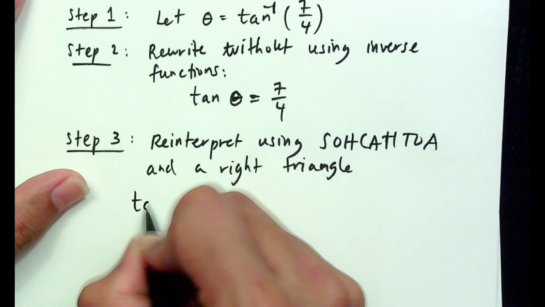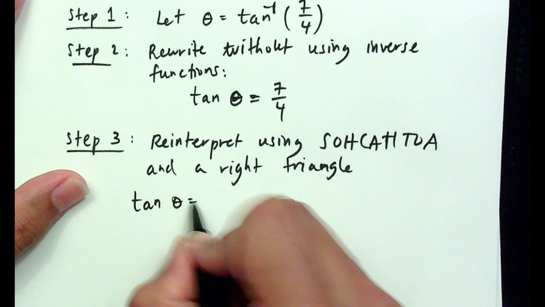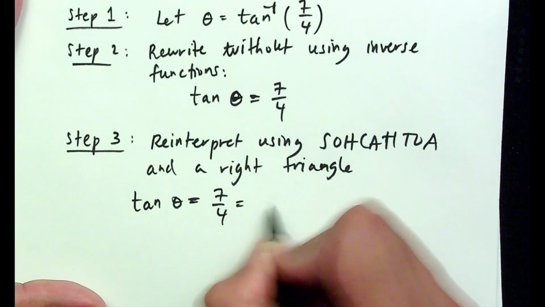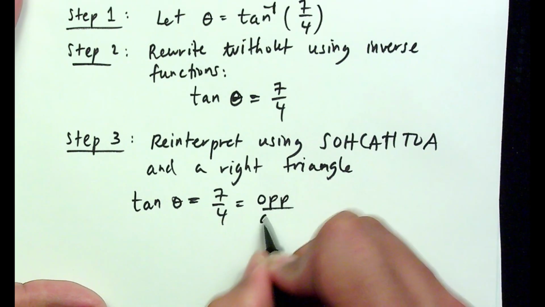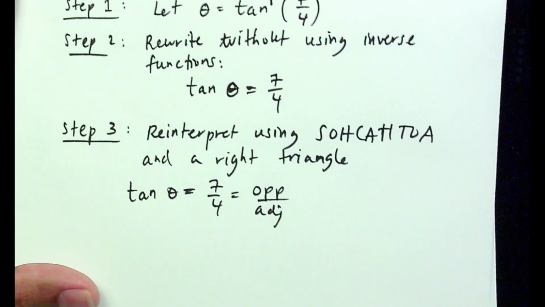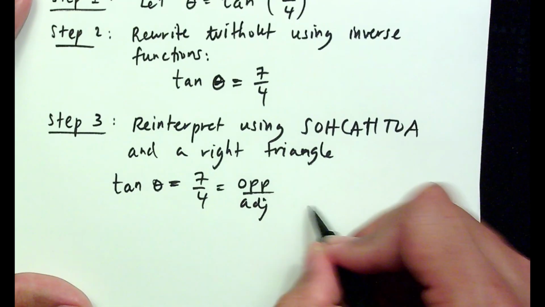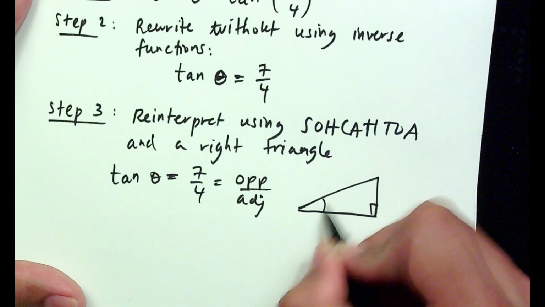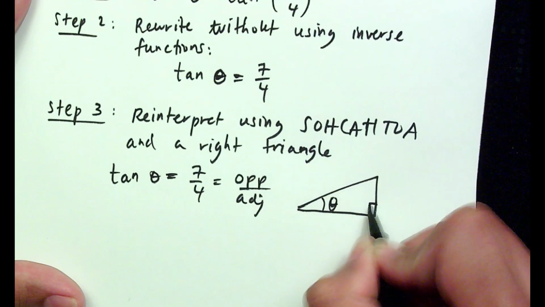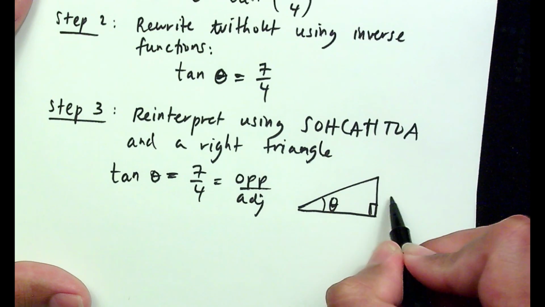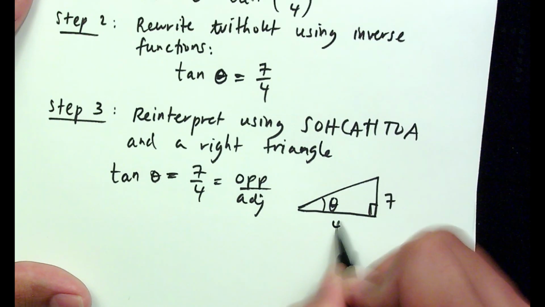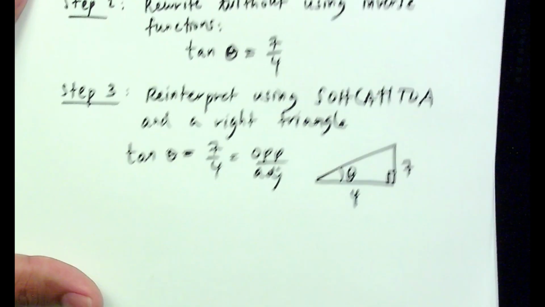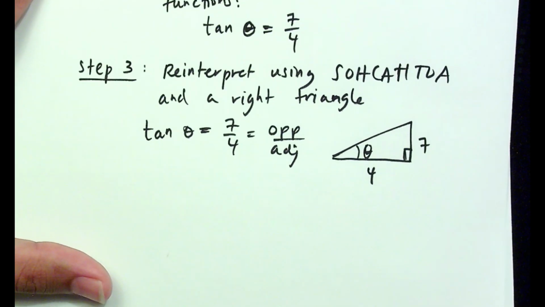SOHCAHTOA tells me, this is tangent, so this is opposite over adjacent. So if I draw a picture, a right triangle, and I call that theta, then the opposite is 7, the adjacent is 4.